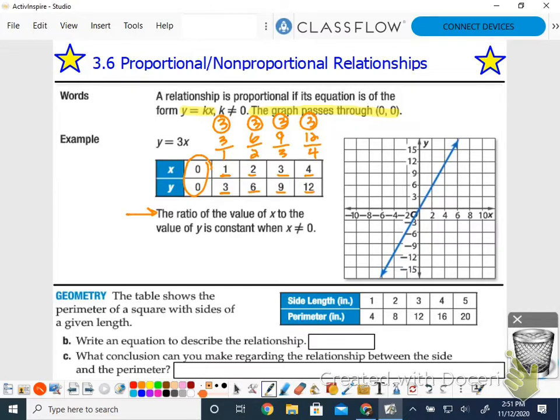The table shows the perimeter of a square with sides of a given length. We see our table down there about side length in inches, perimeter in inches. Write an equation to describe the relationship.